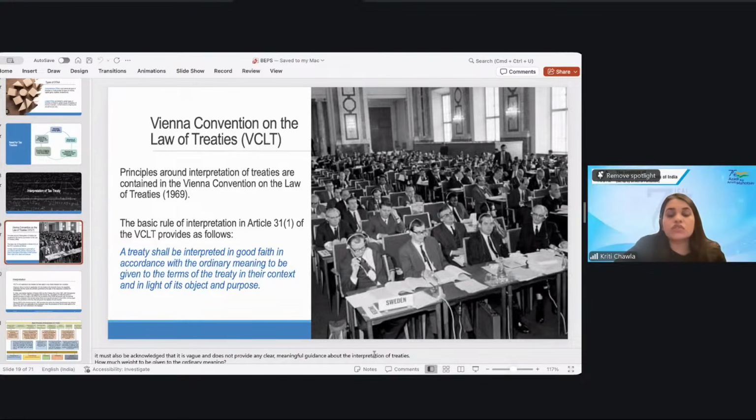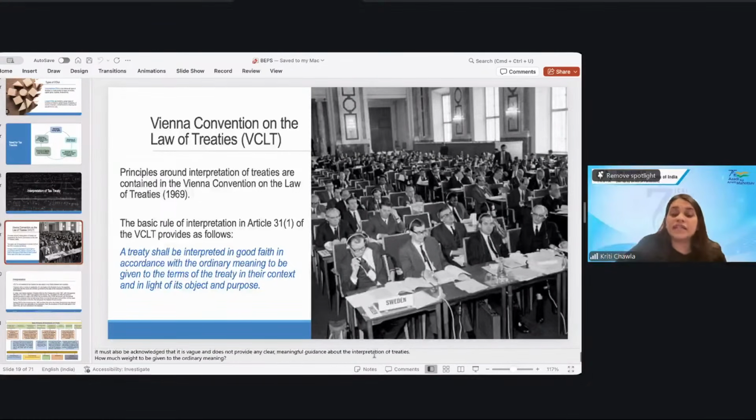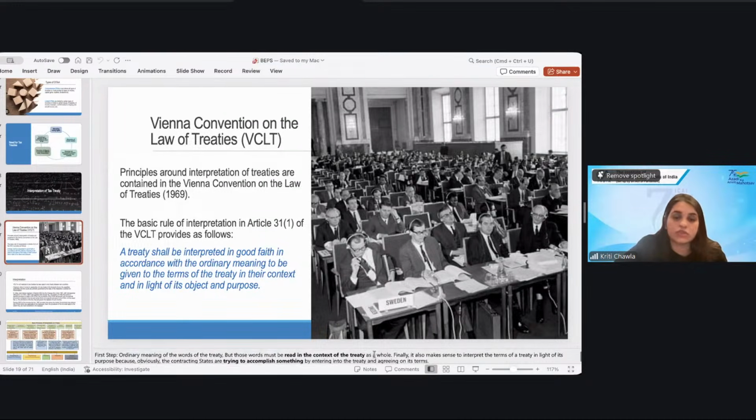It must also be acknowledged that it is vague, and it does not provide any clear, meaningful guidance about the interpretation of treaties. So how much weight is to be given to the ordinary meaning? That is something you need to actually see. But VCLT provides the basic rule of interpretation in Article 31(1) itself.